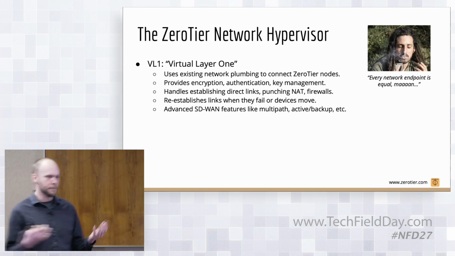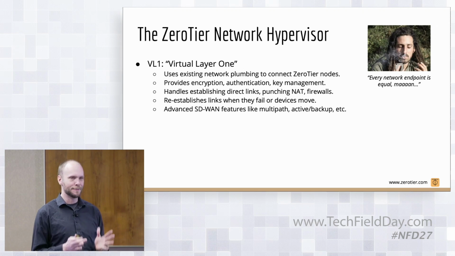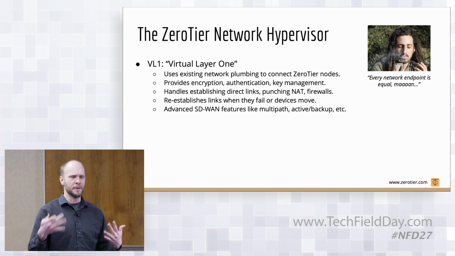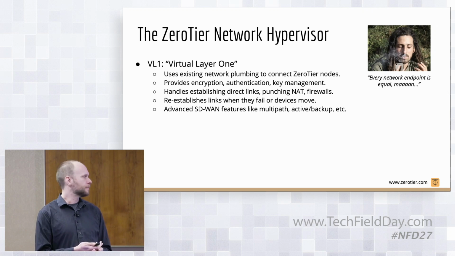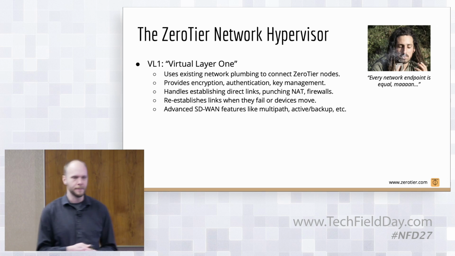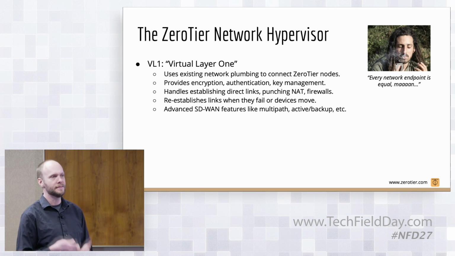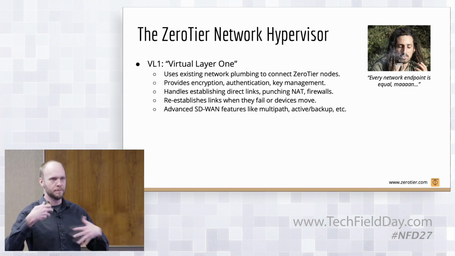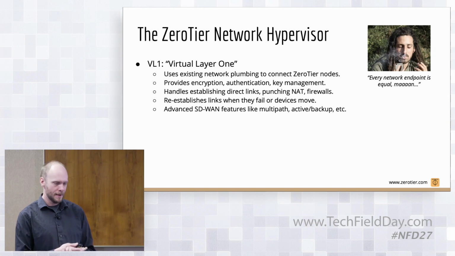So the way ZeroTier is built is it actually combines ideas from two different sort of subcultures or subgroups of the networking world. Where this actually came from is I was part of a group of people called Redecentralize, working on decentralized internet, mesh network type stuff.